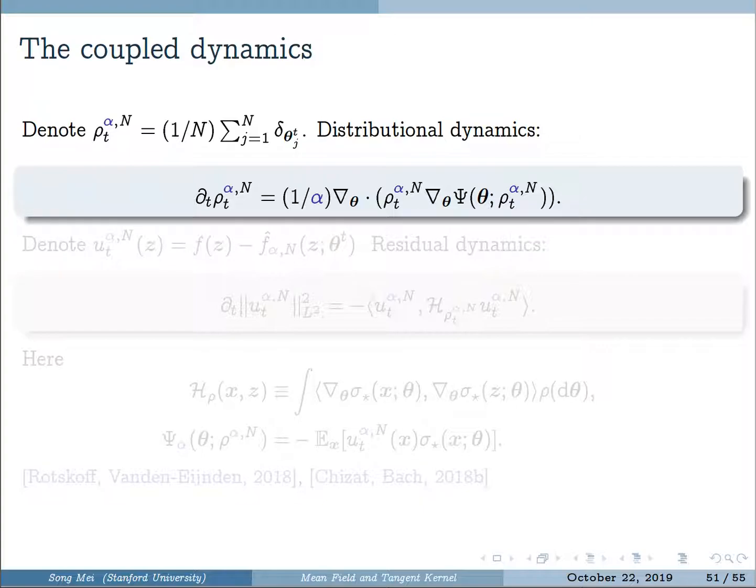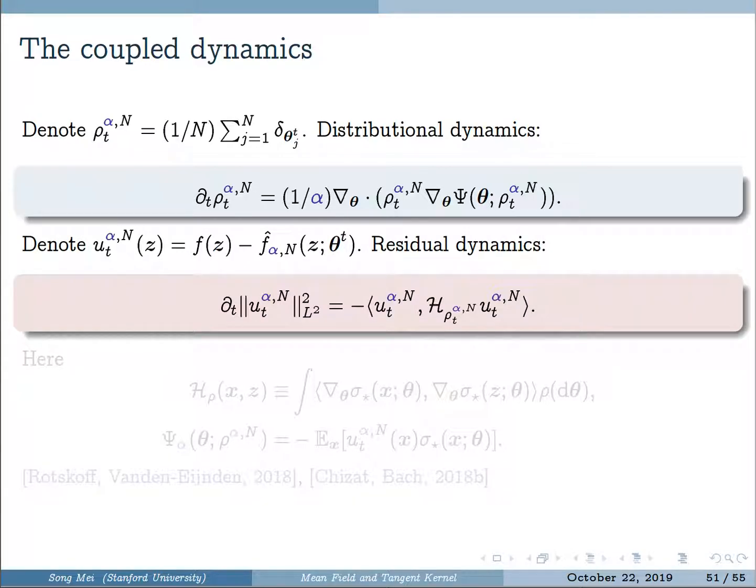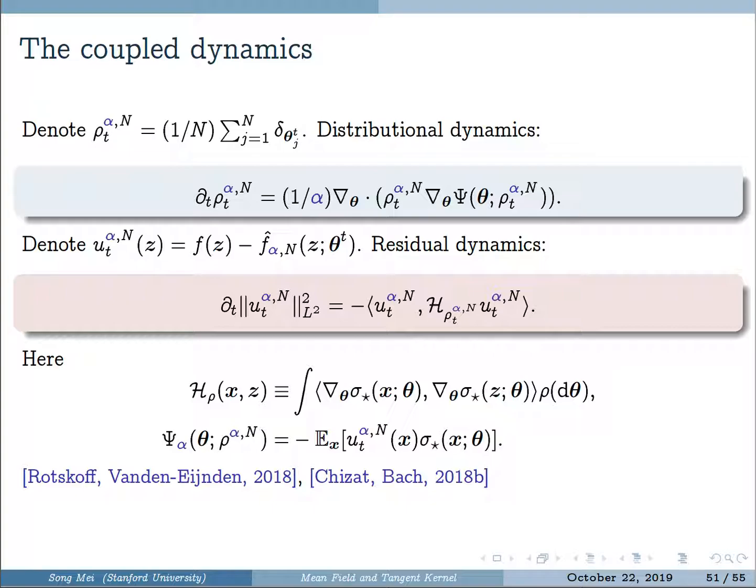If we define the function u_t to be the difference between the target function and our prediction function at time t, then we can write down the dynamics of this residual function, which follows dynamics associated with a kernel H. And this H, if you look at it, is similar to the neural tangent kernel. But the difference here is that this H depends on the empirical distribution of the neurons at time t.